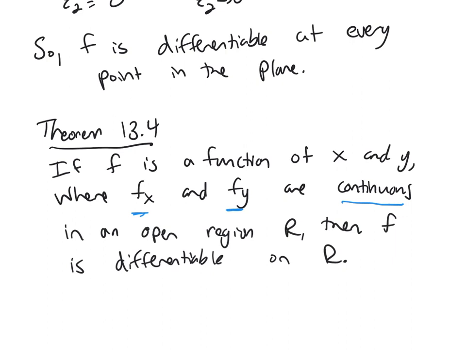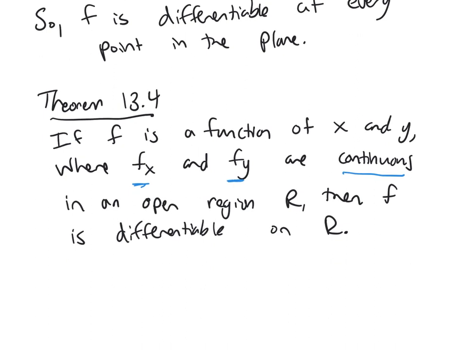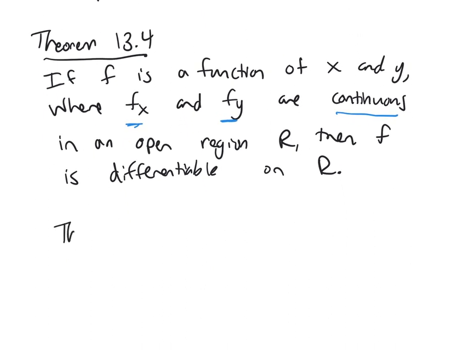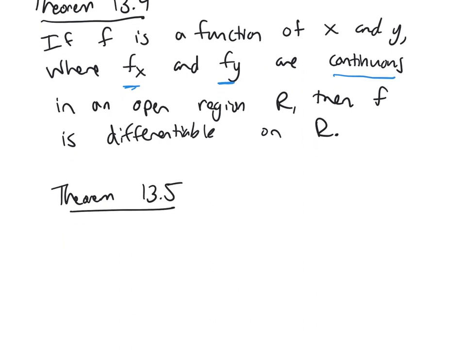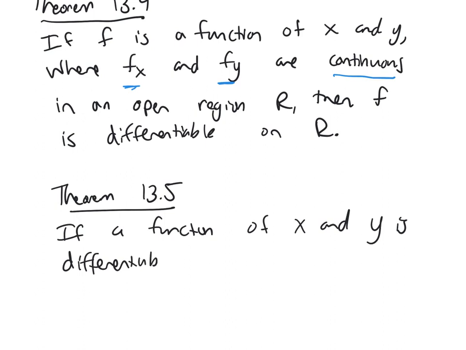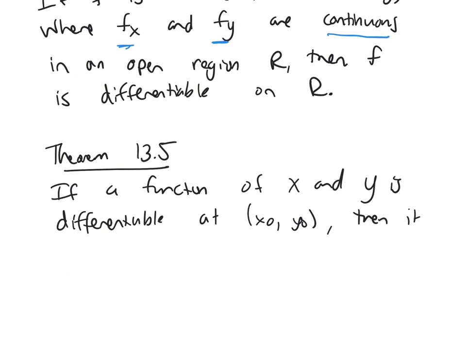And then I want to give you one more. This is theorem 13.5, which says if a function of x and y is differentiable at a point, then it is continuous at that point.